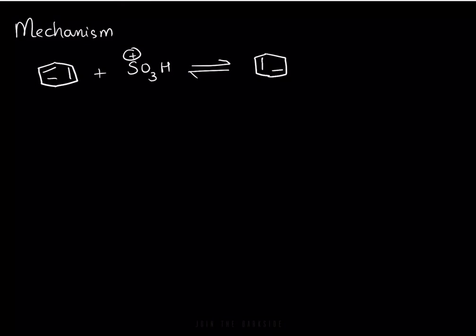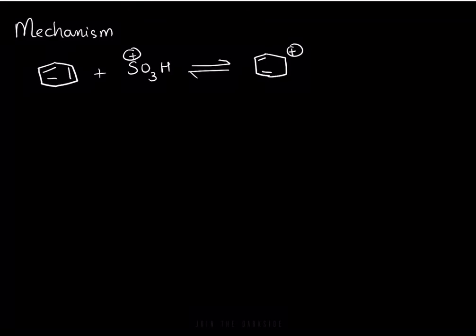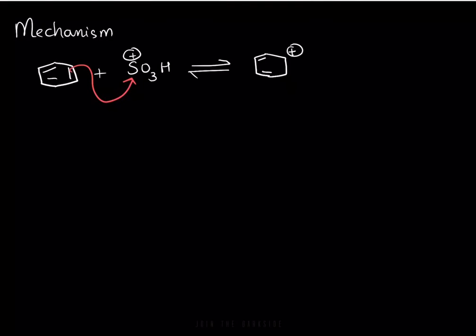and in the first step, it's going to get converted into a carbocation. These electrons are going to come up here, and the SO3H will get added onto one of the carbons where the double bond was initially.